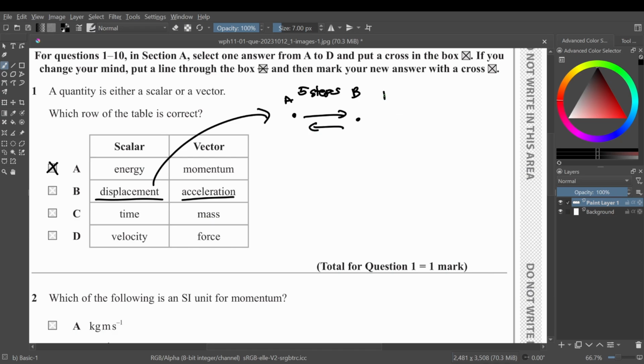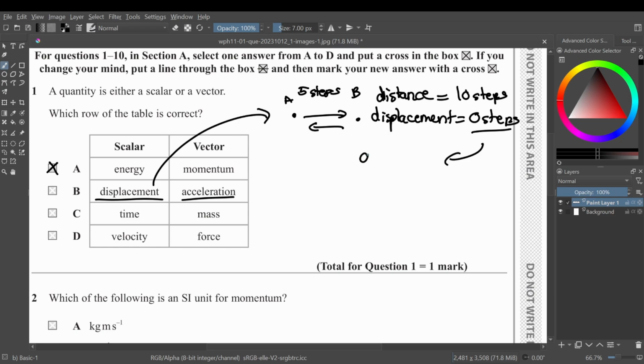So your distance, which is a scalar quantity, is 10 steps, the total steps you have traveled, and your displacement is going to be 0 steps.